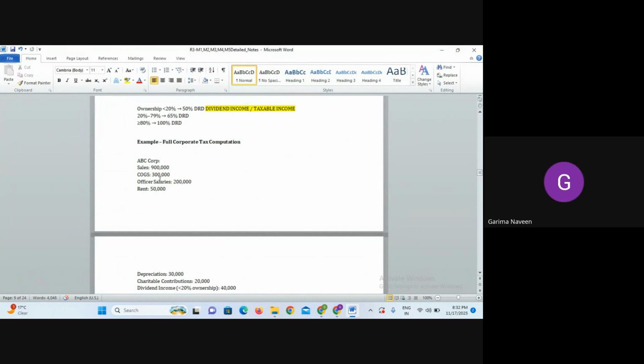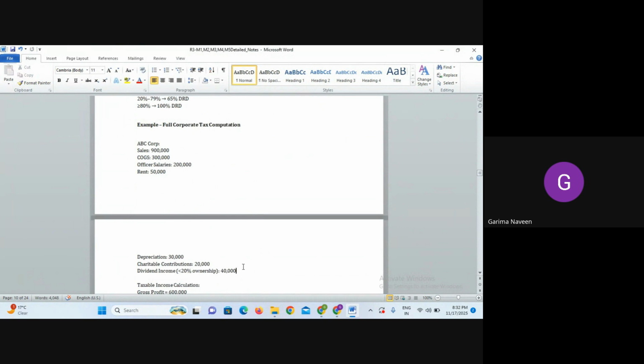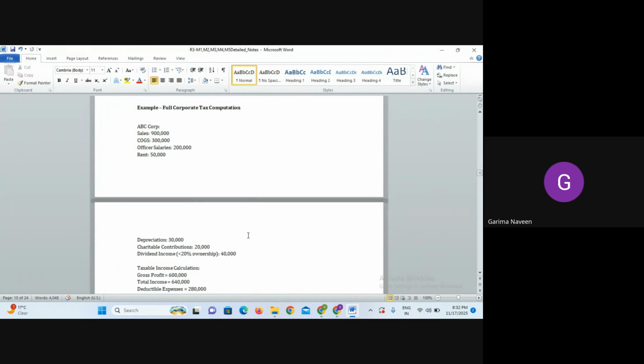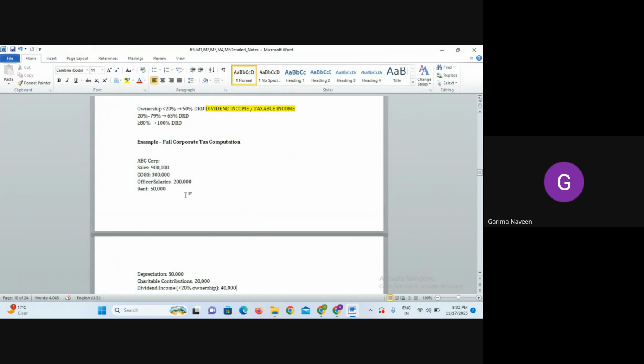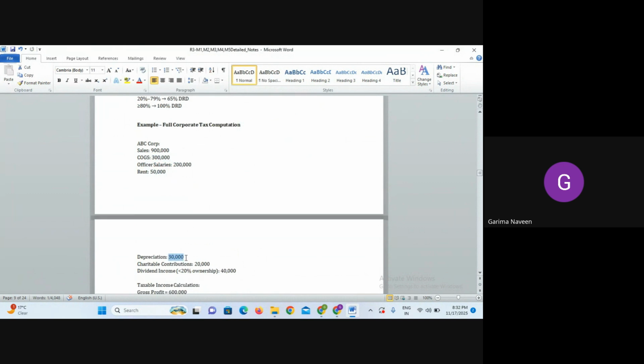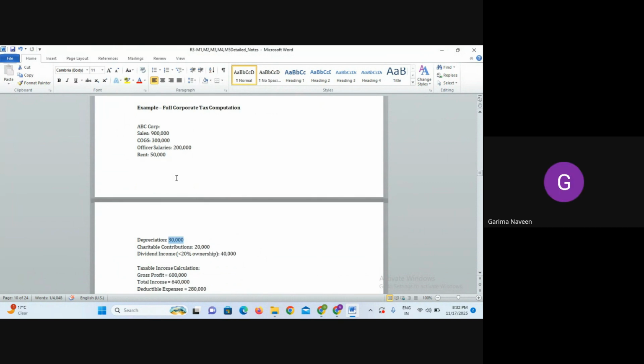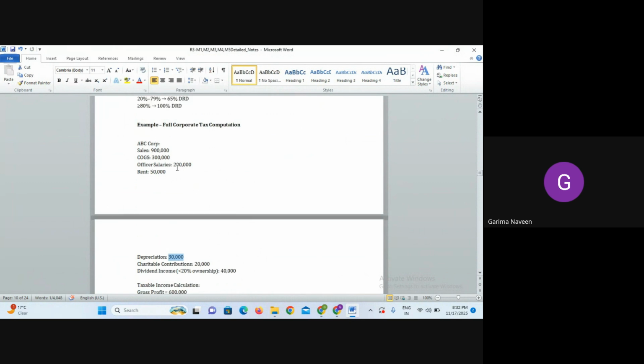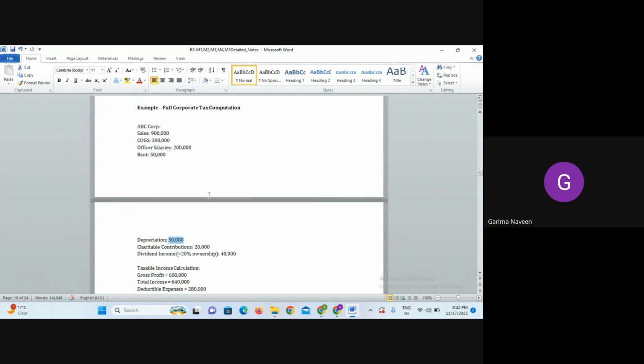So that means your income will be 900,000 plus 40,000, which is 940,000, your gross income. Then you will have certain ordinary deductions like your COGS, officer salaries, rent, and depreciation. So how much ordinary deductions are there? 580,000. Yes. Okay, so you will subtract these ordinary expenses.